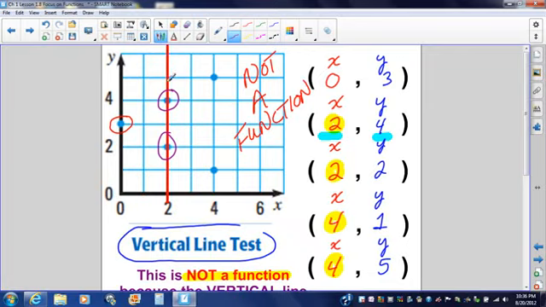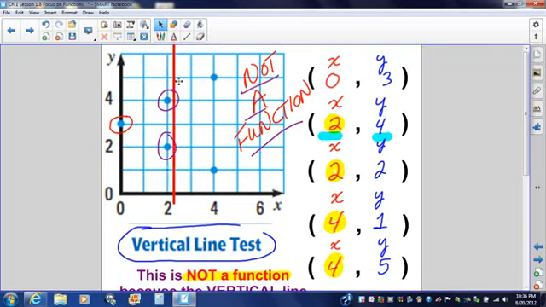If the vertical line hits 2 ordered pairs, it is not a function. Again, if I were to slide it over here, the vertical line hits 2 ordered pairs, so it's not a function.